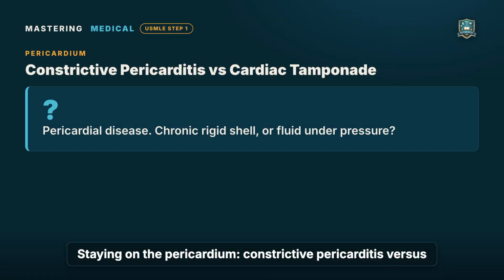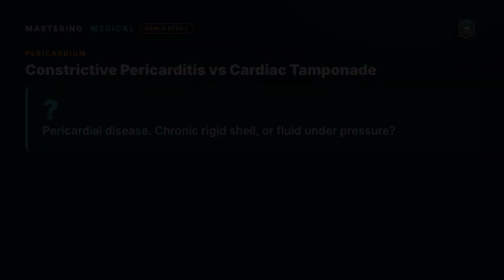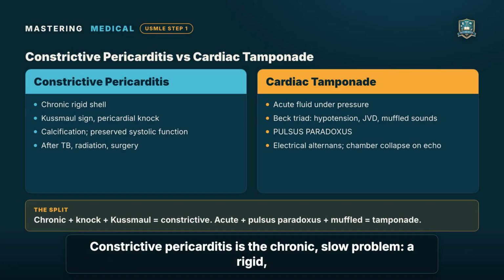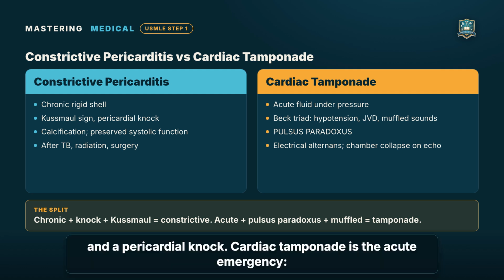Staying on the pericardium, constrictive pericarditis versus cardiac tamponade. Is this a chronic rigid shell or acute fluid squeezing the heart? Constrictive pericarditis is the chronic slow problem, a rigid, often calcified pericardium with a Kussmaul sign, where the jugular pressure rises with inspiration, and a pericardial knock. Cardiac tamponade is the acute emergency.